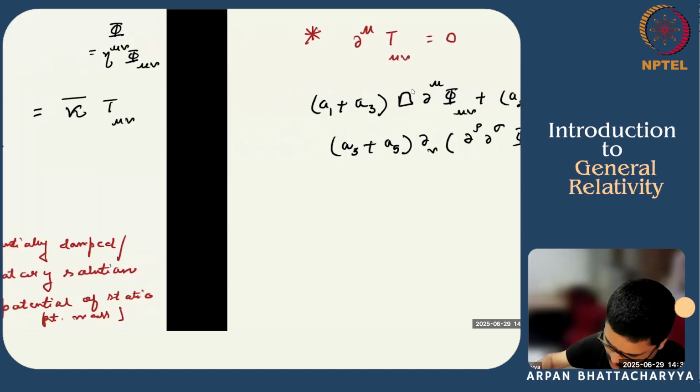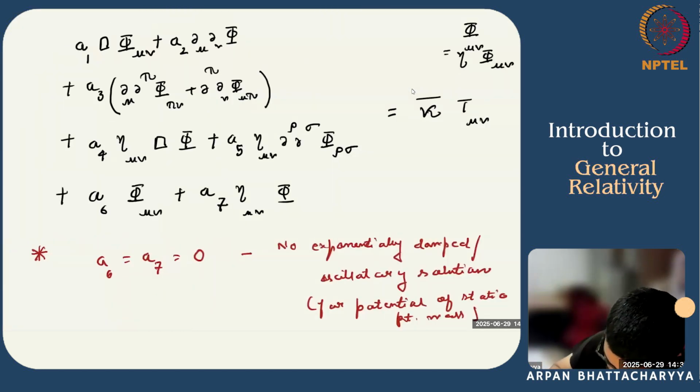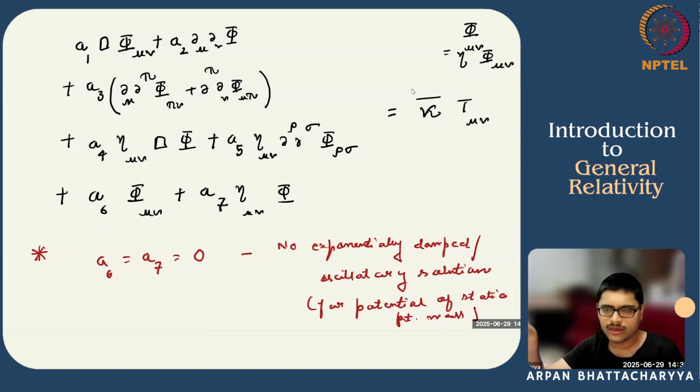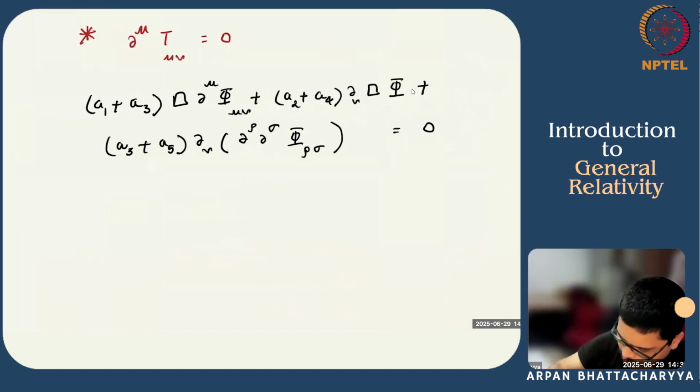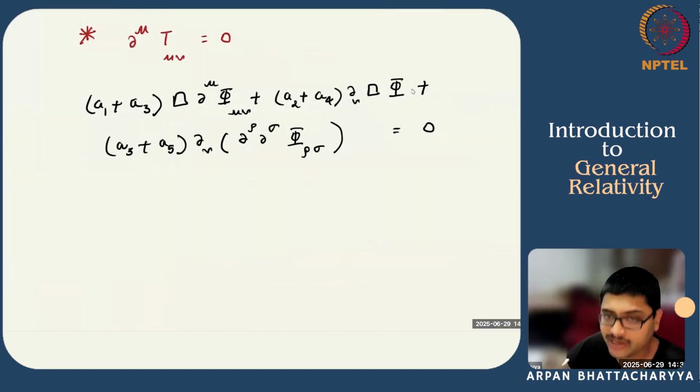So you can take this equation, of course this is set to 0, and act on both sides with a del mu, and you will get what I have written. So this is a very simple exercise. You should do it explicitly. Now these three are three different independent tensor structures.